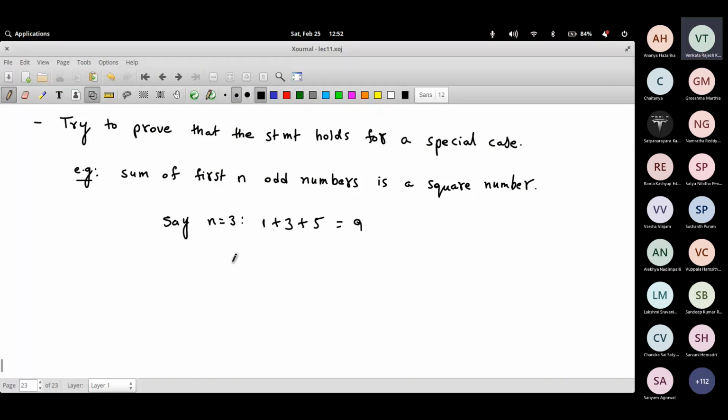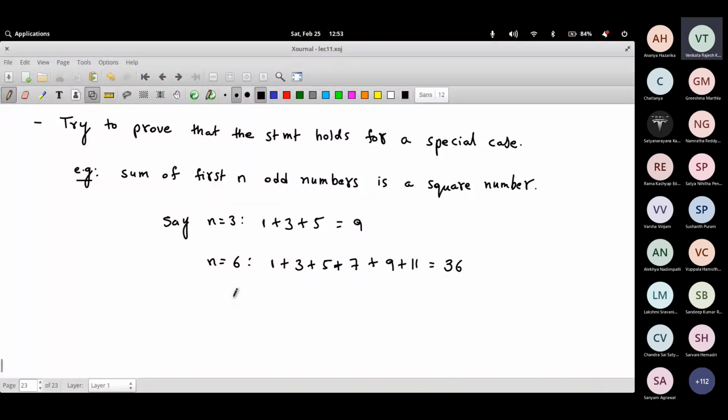Similarly, let's take n equal to 6. First 6 odd numbers, that is 1, 3, 5, 7, 9, 11, you will get 36. All right. So that is also a square number. We know that. Okay.